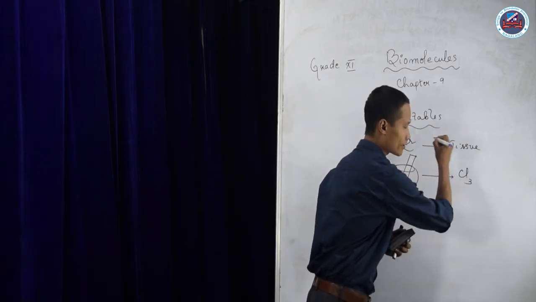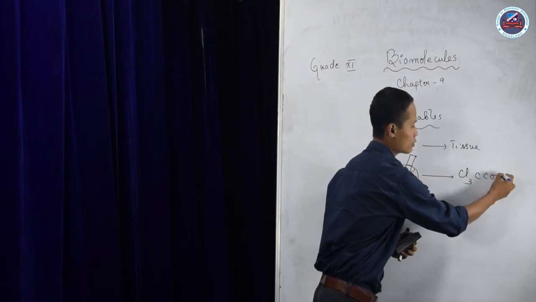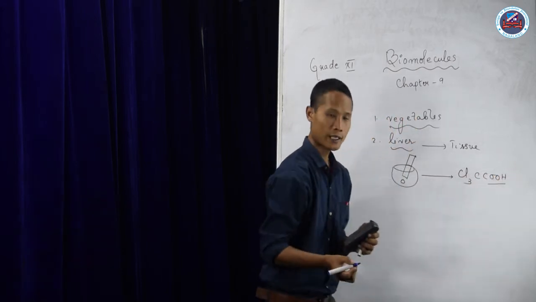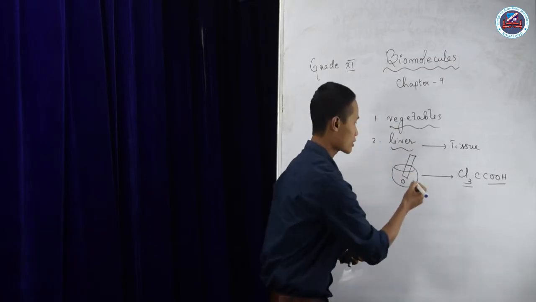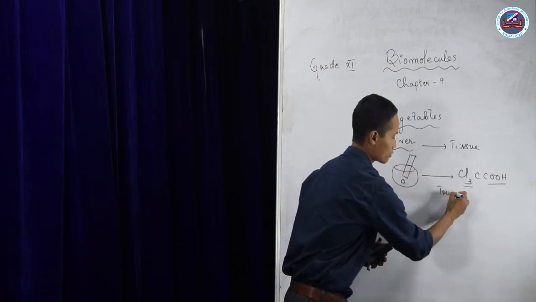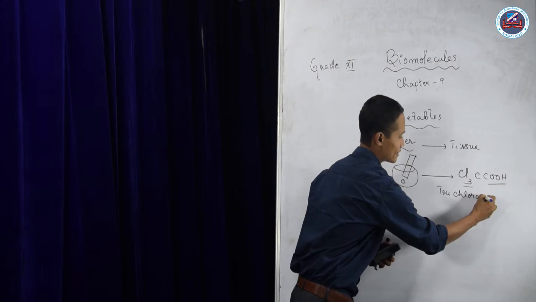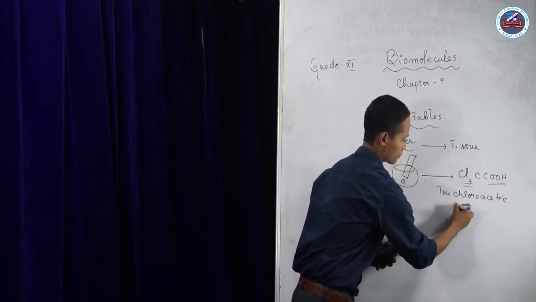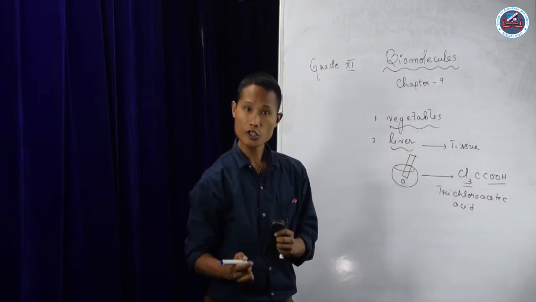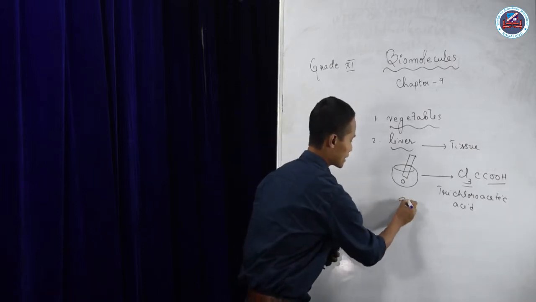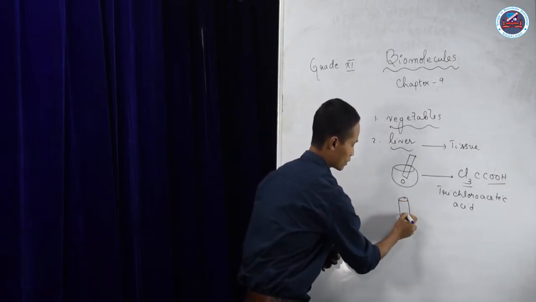Trichloroacetic acid is Cl3CCOOH. This is the carboxylic group, and then you will find 3 halogen atoms. So this is trichloroacetic acid. And then you will find 2 fractions. For example, this is a test tube, and put in a cotton.